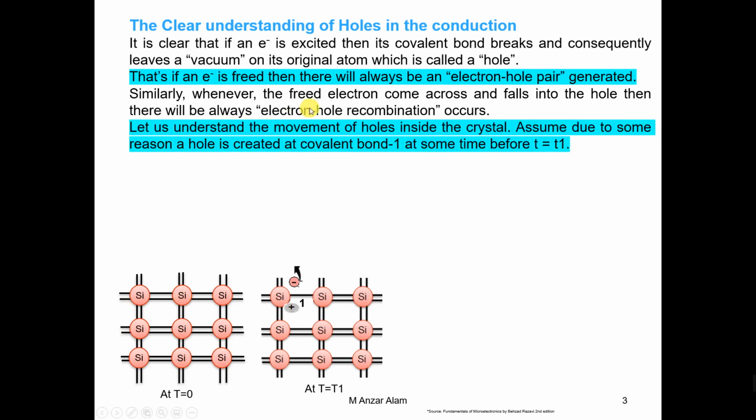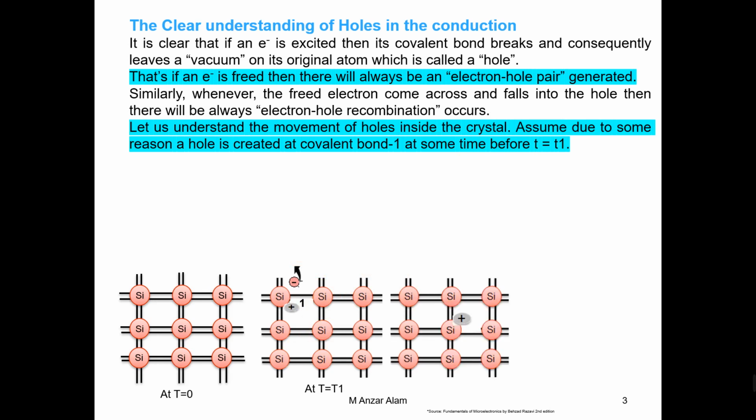Let us understand the movement of holes inside the crystal. Assume that due to some reason, such as thermal energy or photon light energy, a hole is created at covalent bond 1 at some time before t equals t1.